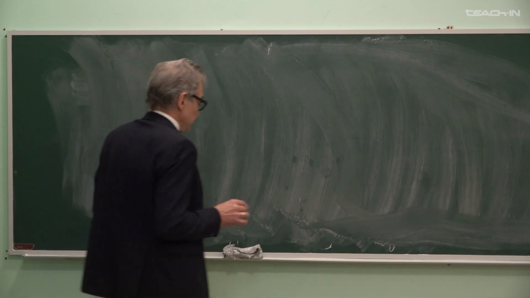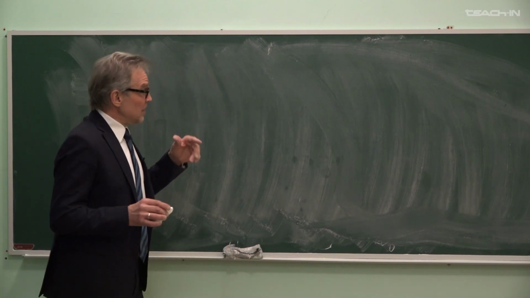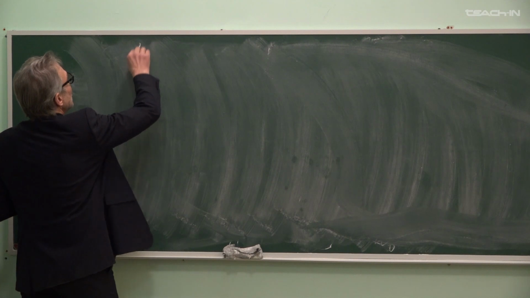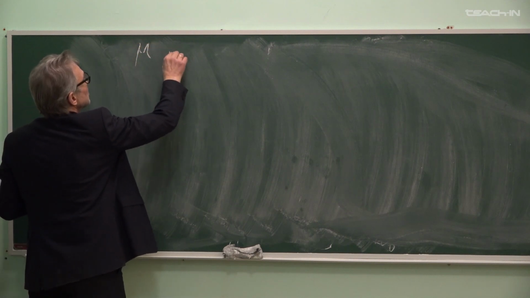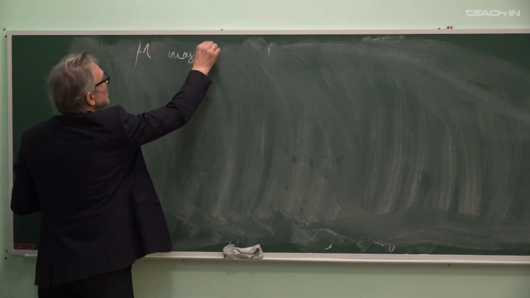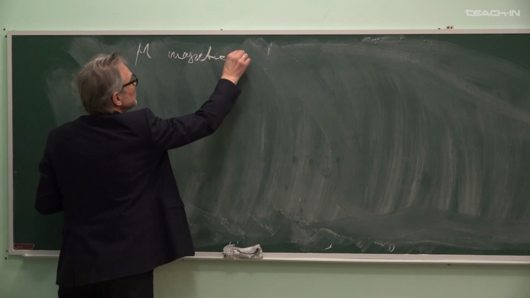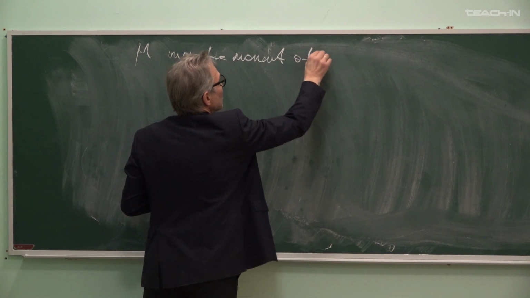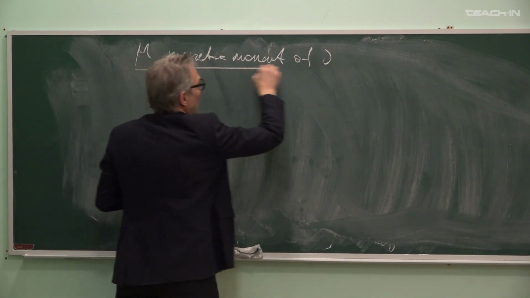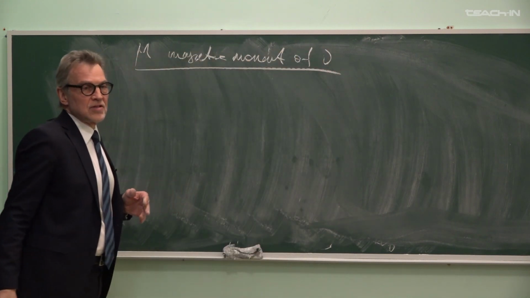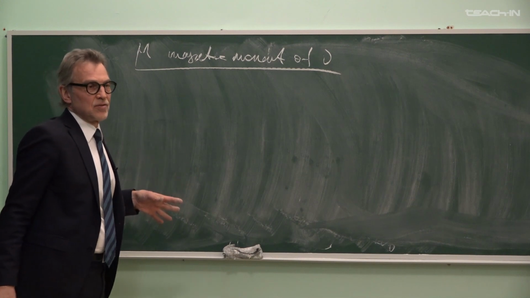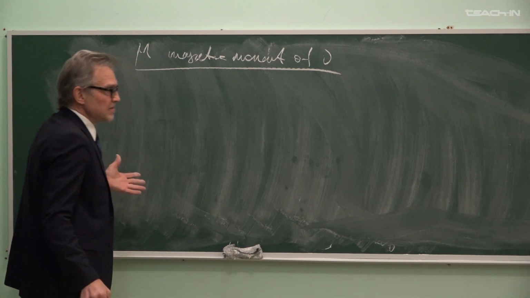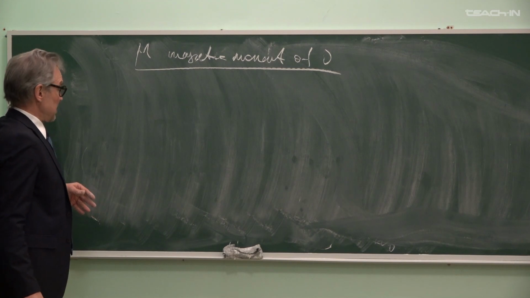Okay, and now let's concentrate on the magnetic moment of the neutrino. Obviously, this value is not zero. I just convinced you of this, if you believe that the neutrino is a massive particle.